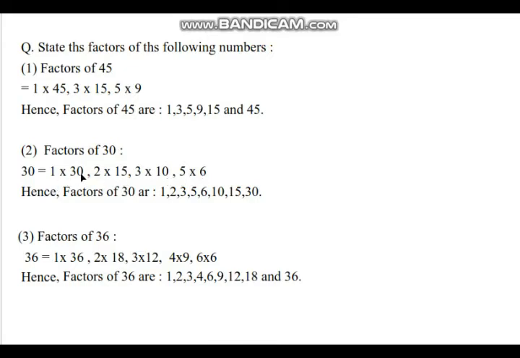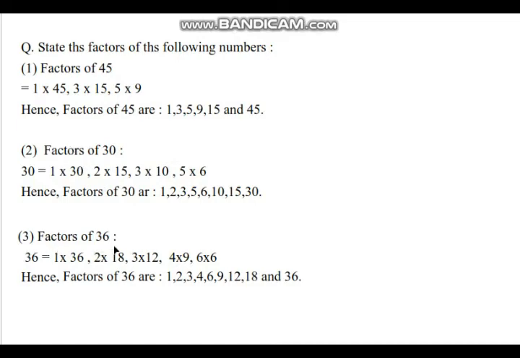So 1 30 is 30, 2 15s are 30, 3 10s are 30, 5 6s are 30. That means in all these tables 30 is coming. So these all numbers are exact divisors of 30. So 1, 2, 3, 5, 6, 10, 15 and 30. These all are the factors of 30.